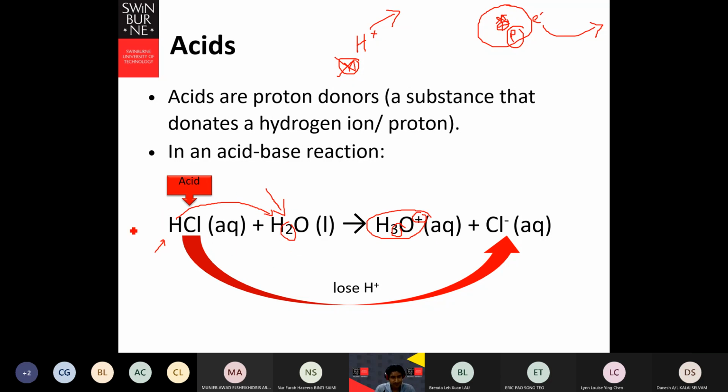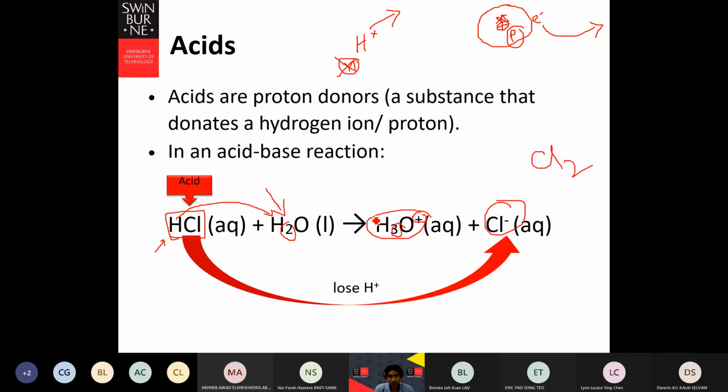All right, so this is one thing. Another thing is, HCl, after losing hydrogen or hydrogen ion or proton, what is left? Chloride ion is left. It's not chlorine, yeah? It is chloride ion. Chlorine is Cl2.